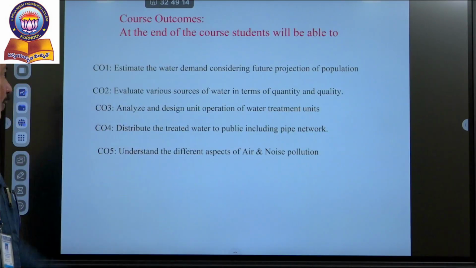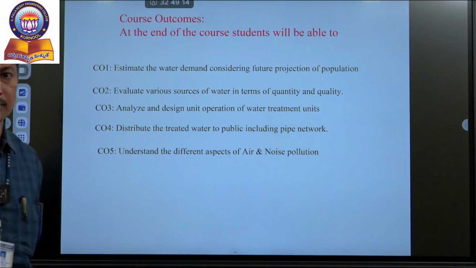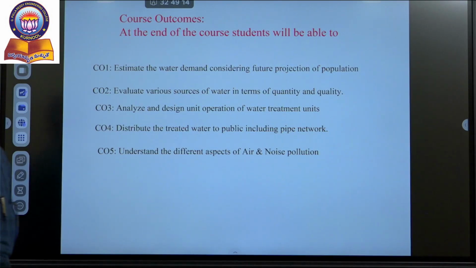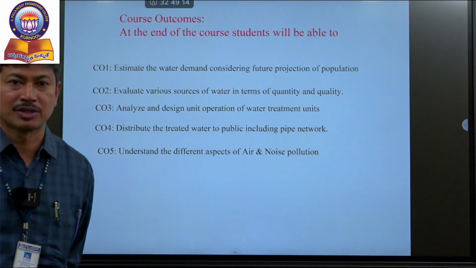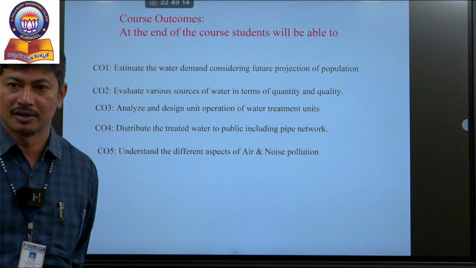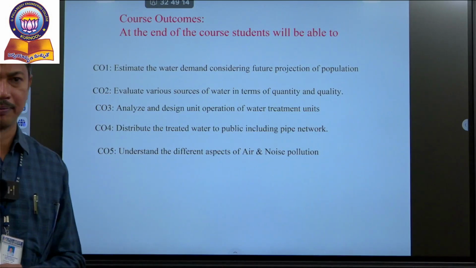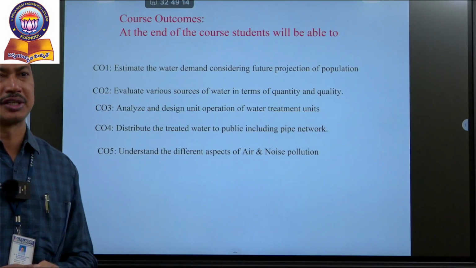In water supply engineering, there are some course outcomes. One is to estimate water demand based on a city's needs, any town or city needs, for various purposes: domestic, industrial, or commercial.